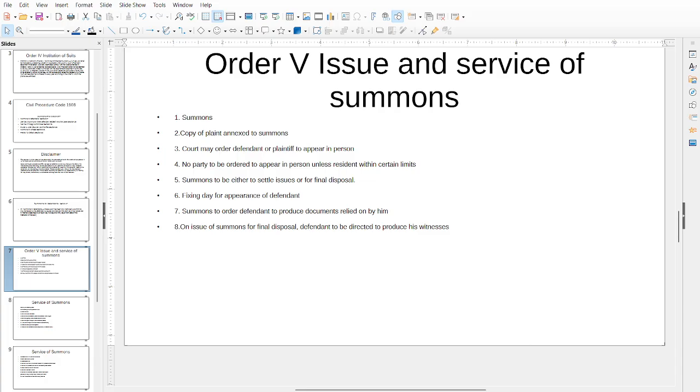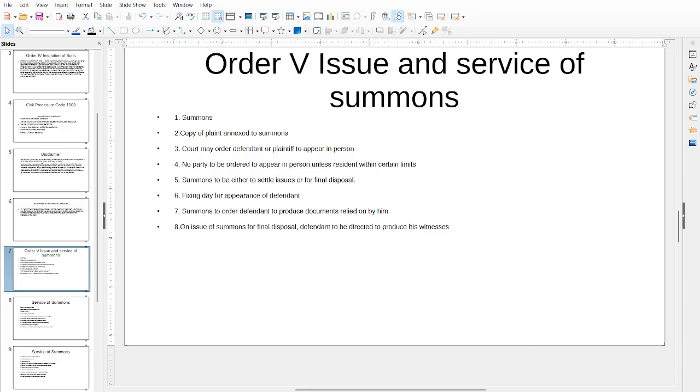Coming to the next point, Order 5 Rule 8, on issue of summons for final disposal, defendant to be directed to produce his witnesses. The court will also ask the defendant to bring the witnesses who may be utilized for the final disposal of the suit.